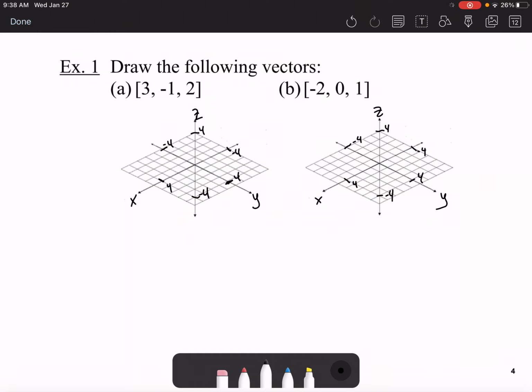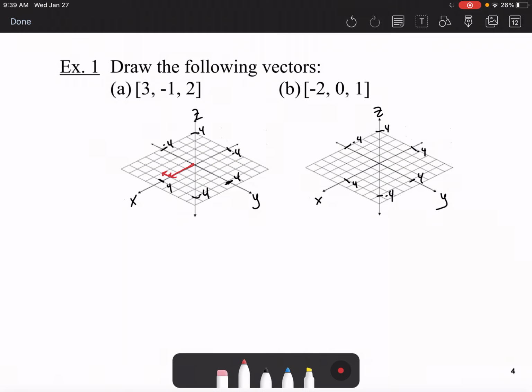Okay, so let's draw our first one. So you're going to draw 3, 0, 0 as your first vector coming out from the origin, like so. You're going to draw the vector 0, negative 1, 0 coming from the last vector you just drew, like this.